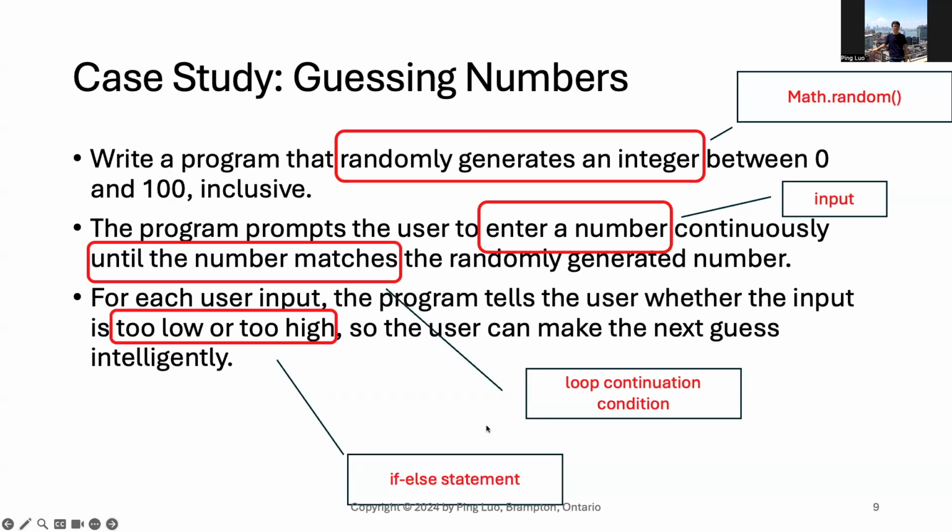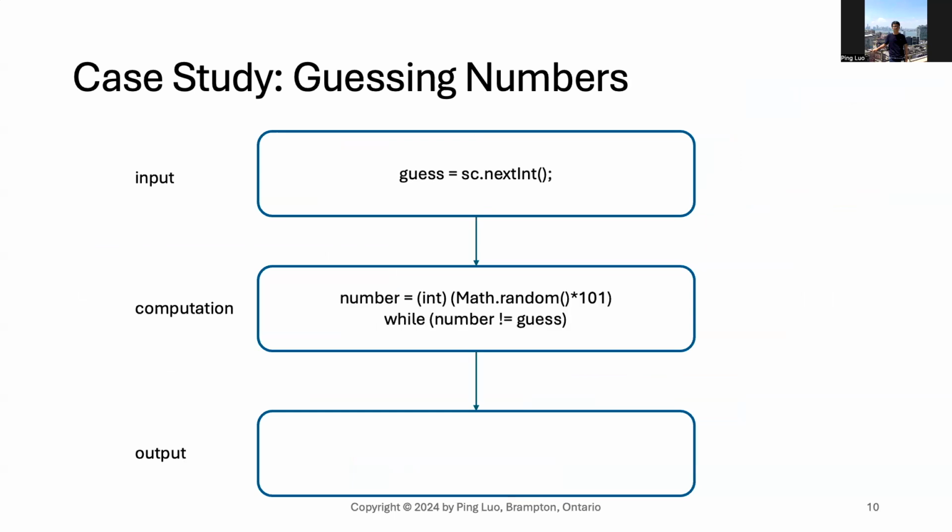The condition which stops the loop is that the number matches the random generated number. So every time you face a new problem, you can use this input, operation, and output, these three steps, to figure out how to solve the problem. Once you figure out these three steps, the remaining part is just making the program runnable, solving any grammar errors or something like that.